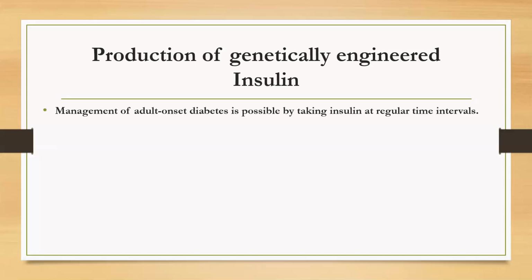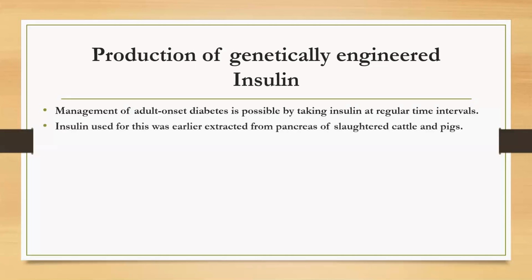Let me explain. Management of adult onset diabetes is possible by taking insulin at regular time intervals. So diabetic patients are treated by providing active insulin at regular time intervals. Insulin used for this was earlier extracted from the pancreas of slaughtered cattle and pigs.